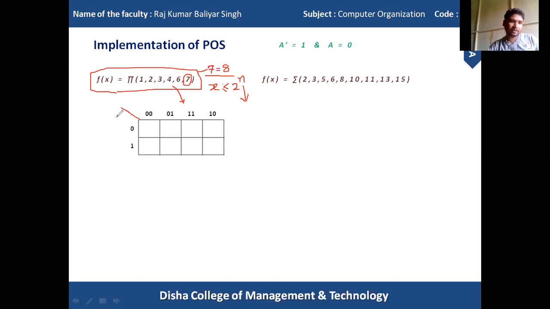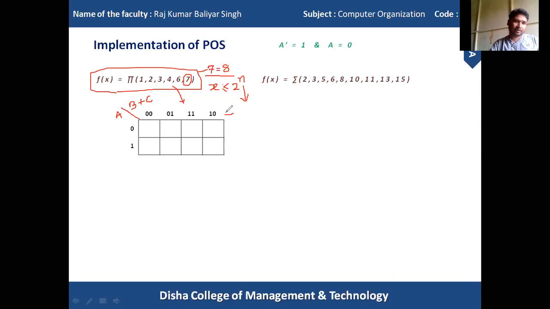As I said, the row side is represented with A, and the column side is represented with B and C. B plus C, sorry, B plus C, because it is a POS. This equation is given in the POS form, so I'm writing it as B plus C. Here again we are applying the gray code.